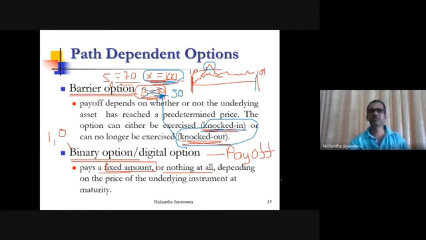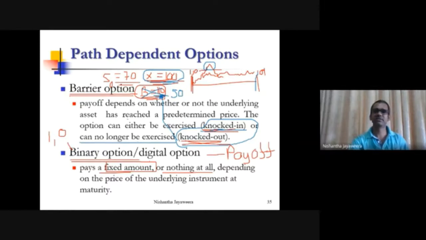So that's why it says the bond can no longer be exercised. If it is knocked out, you cannot exercise your option, even if it is above the strike or below the strike, depending on whether it's a call or a put. Once you are knocked out from a tournament, it doesn't matter, you don't participate, same thing.